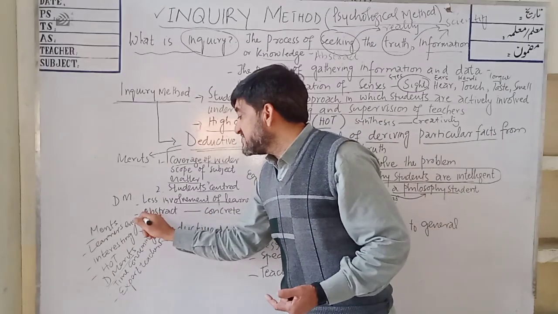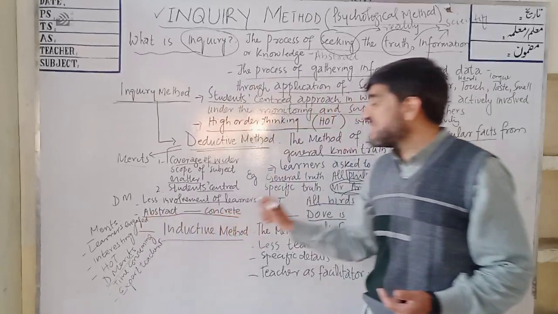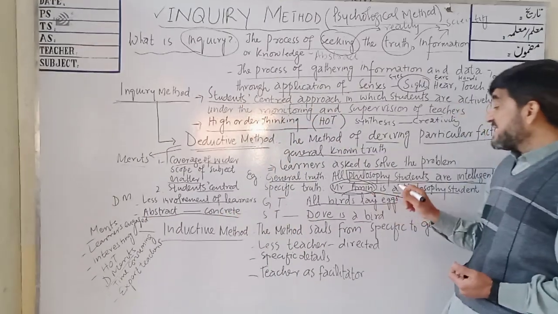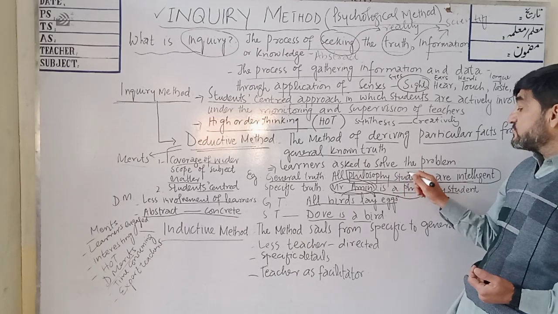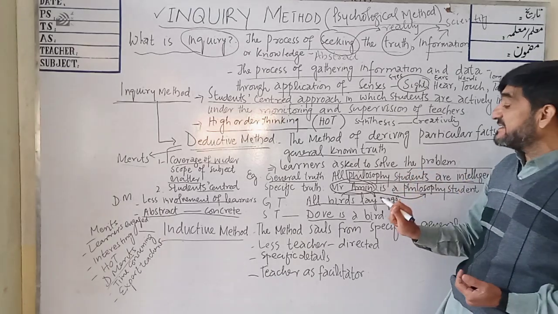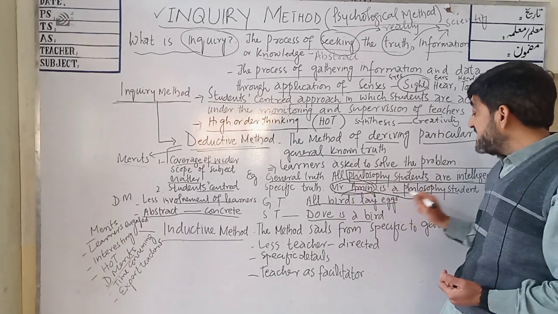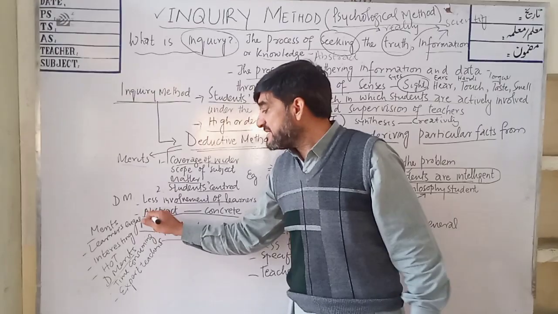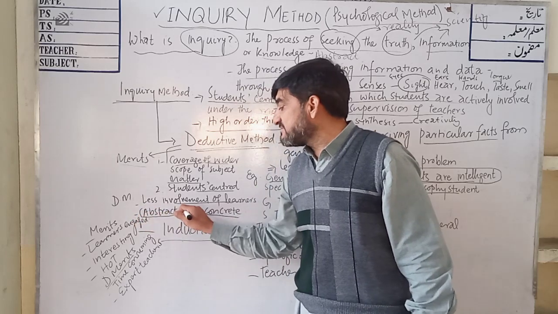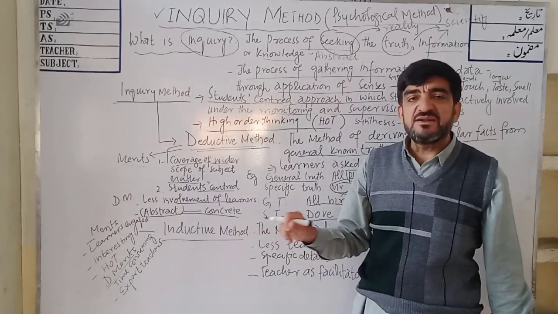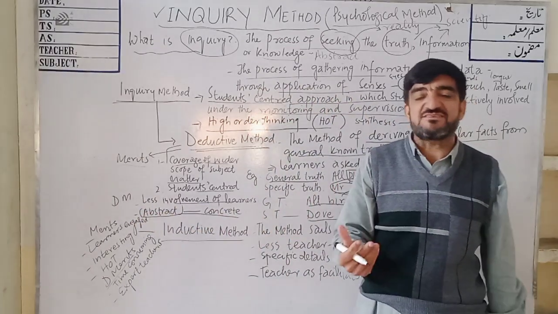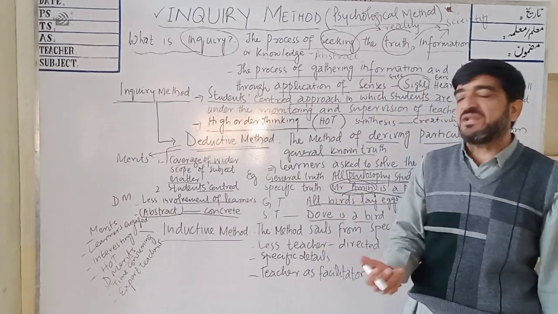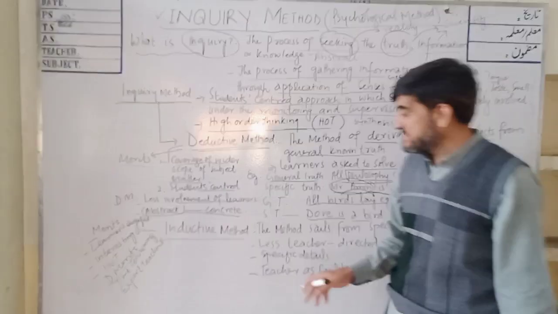It is the journey from abstract to concrete, because all philosophy students are intelligent is abstract, while Mr. Amin is a philosophy student is concrete. When any method starts with abstract, that method is less interesting and less pleasurable for the students.